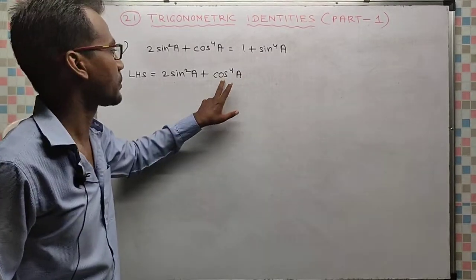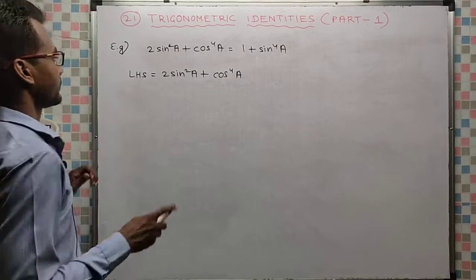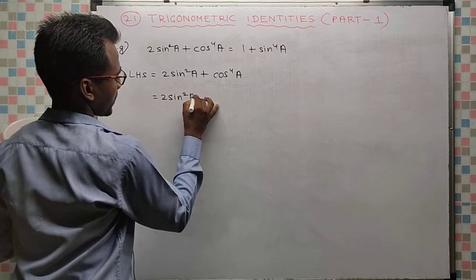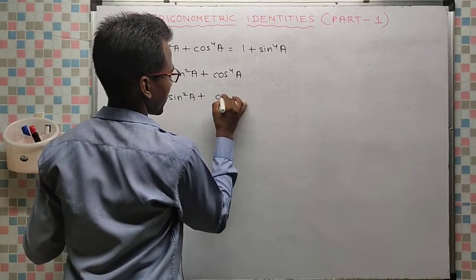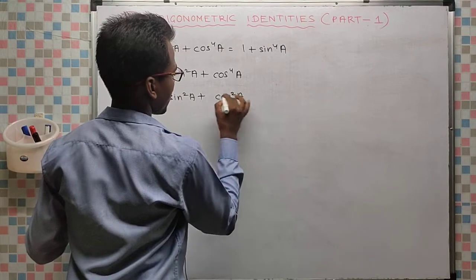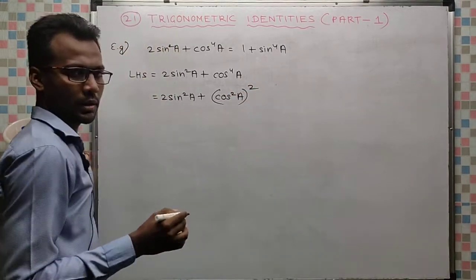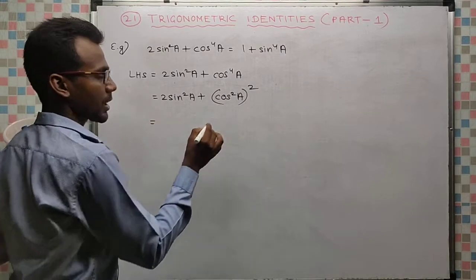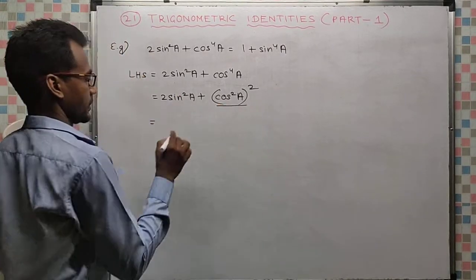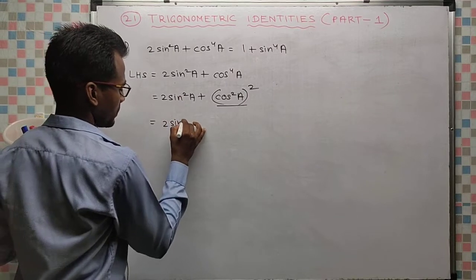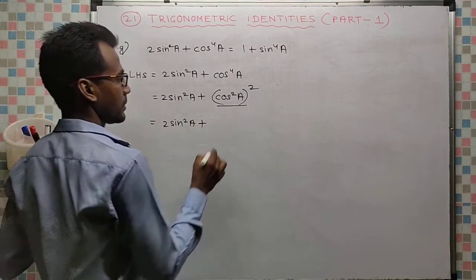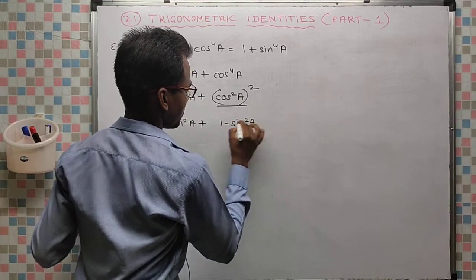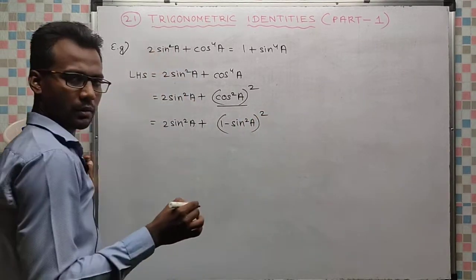So let us try to remove this cos. 2 sin square A plus cos power 4A can be written as cos square A whole square. Slowly I am trying to remove this cos square A. In place of cos square A I can write 1 minus sin square A, then whole square.